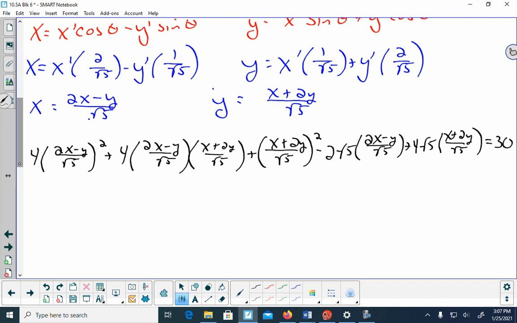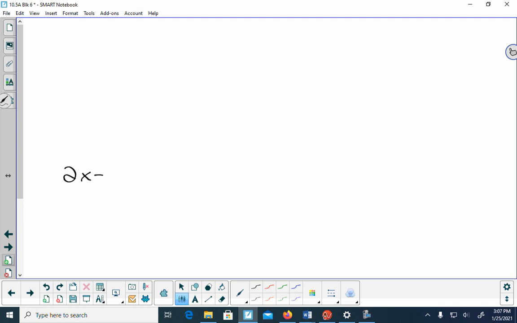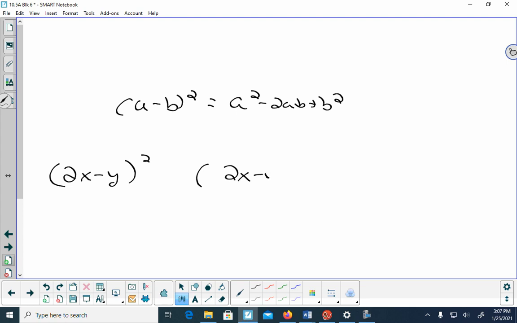So going to a new page for a second, I have 2x minus, well, my 4 is going to be 4. I'm not going to do anything with that. When I take the square root of 5 and I square it, my denominator is going to be 5. I just have to worry about squaring that numerator. So that numerator is 2x minus y. I want to square that. So I can either remember my formula, a minus b squared, which was a squared minus 2ab plus b squared, or I can think of it as 2x minus y times 2x minus y.